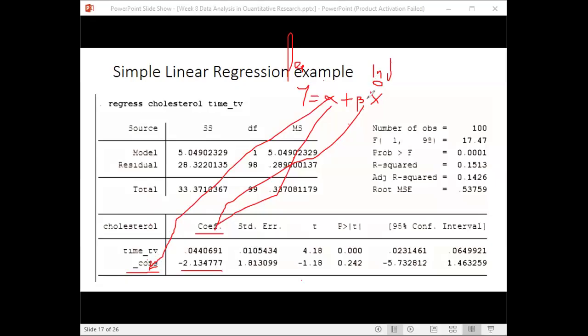And then the beta here is the other one that has been measured, the time underscore TV. That is the beta. So the regression coefficients are the alpha and the beta, and that is what is always given to you in terms of the values. And now you will have to go ahead and interpret it as to how it fits into your work, right?